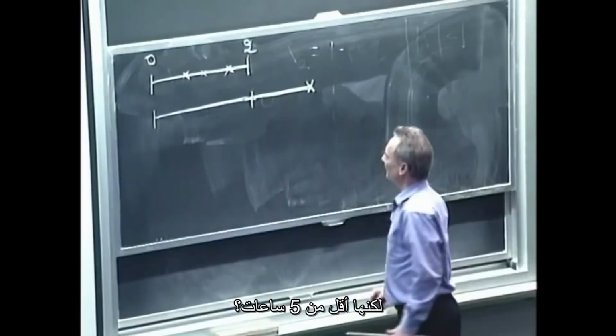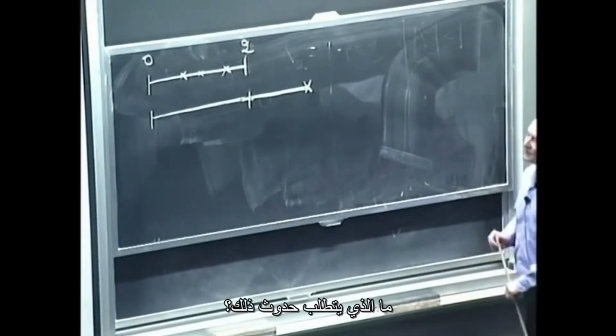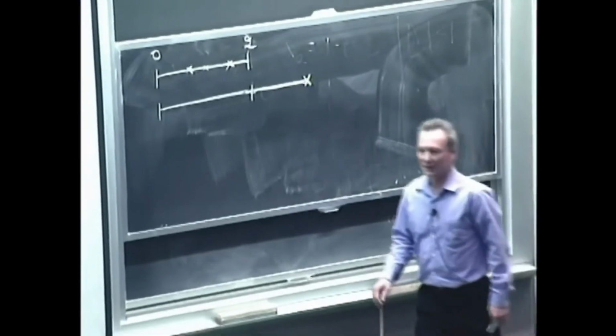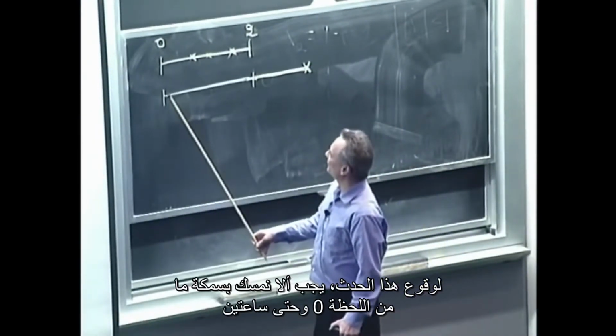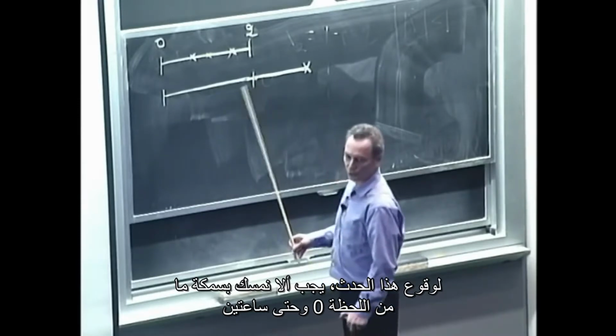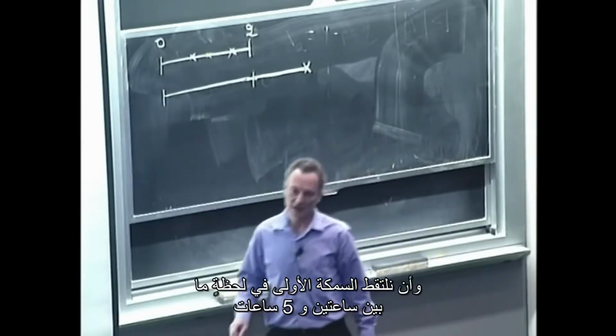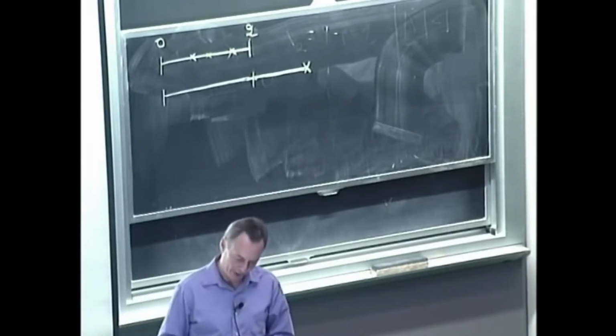So what's the probability of fishing for more than 2, but less than 5 hours? What does it take for this to happen? For this to happen, we need to catch 0 fish from time 0 to 2, and catch the first fish sometime between 2 and 5.